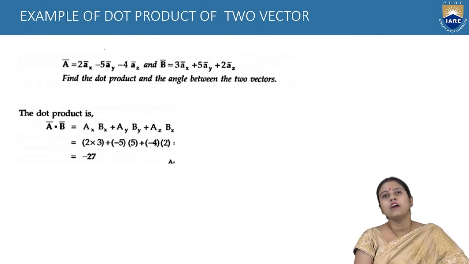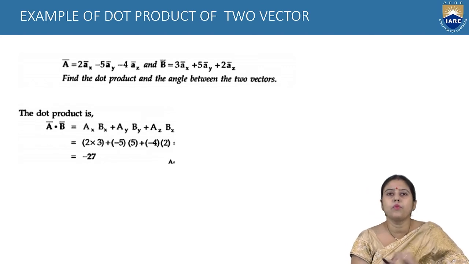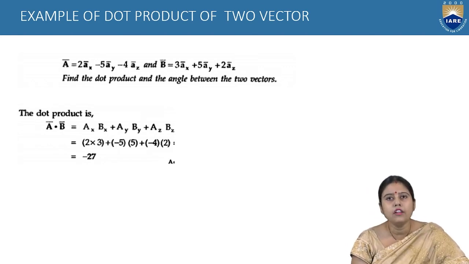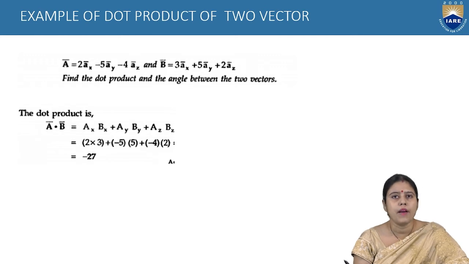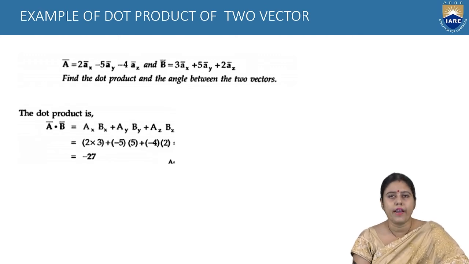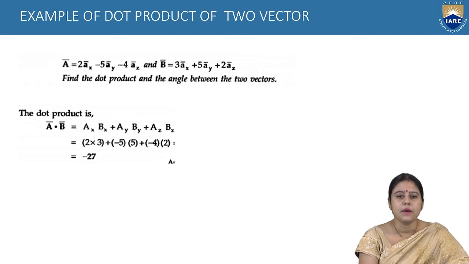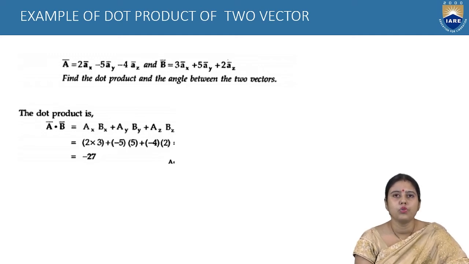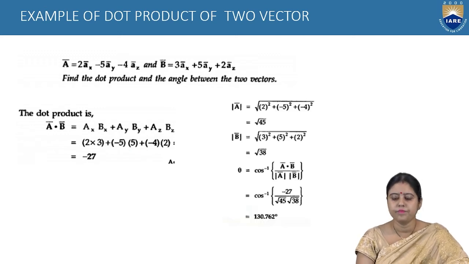Remember this thing, when we multiply, we take its plus or minus sign along with it, not only the magnitude. Next, minus 4 into 2, so we will get the value minus 8. 6 minus 25 minus 8, so the value is coming minus 27.